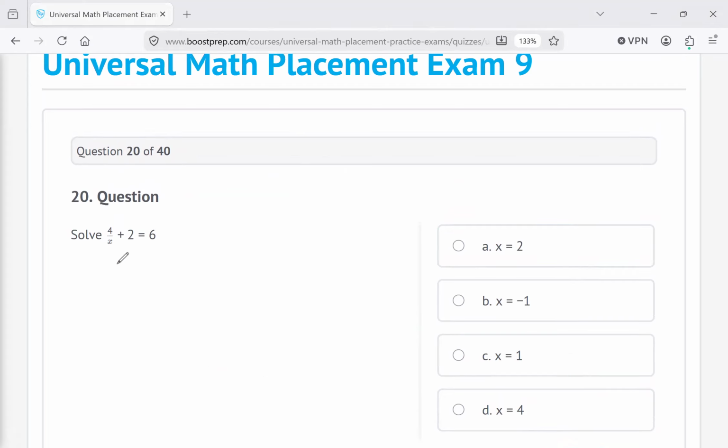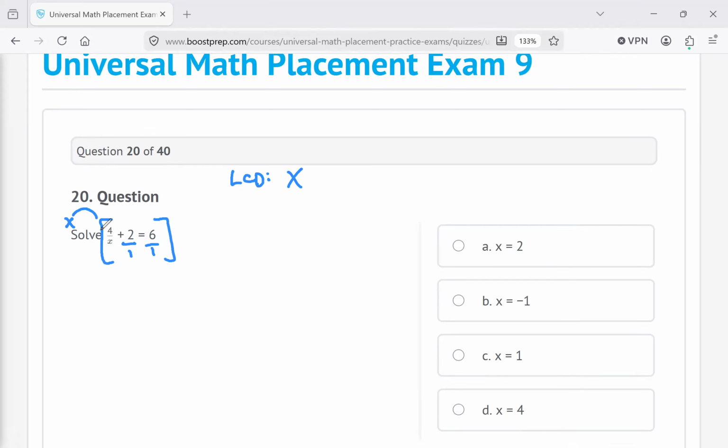Question 20, solve for x. You could do two options. You can move the 2 to the right and then cross multiply, or you can get rid of the fraction right now, so I'm going to do that. I'm going to get rid of the fraction by multiplying all three sides by the LCD. We have an x, a 1, and a 1, so that is x. So we multiply all three sides by x.